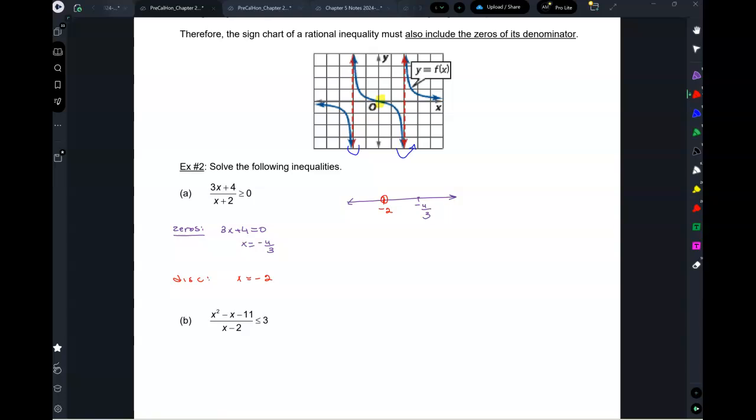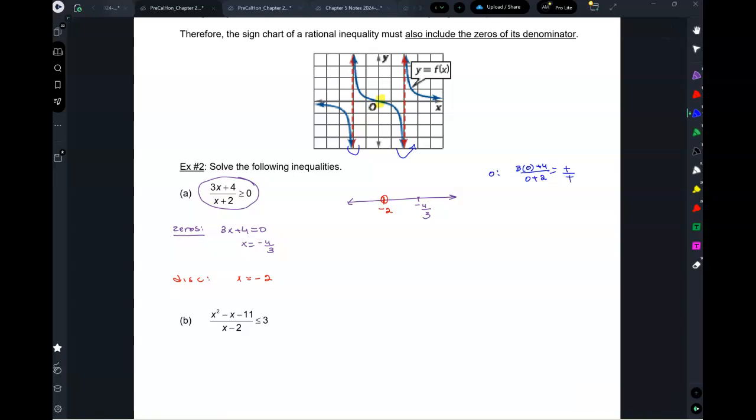Okay, now, same situation, but what you want to do is plug it in to this. So let's put 0. Okay, so 0, we're going to do 3 times 0 plus 4. So this is positive over positive.